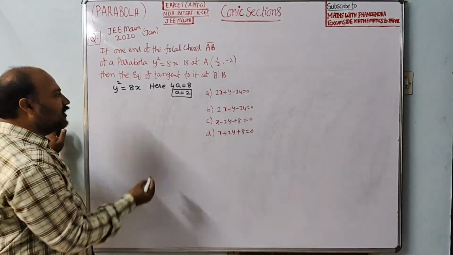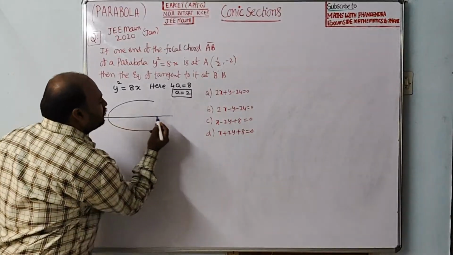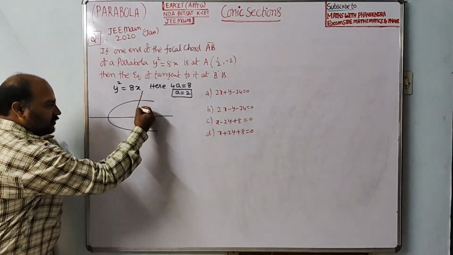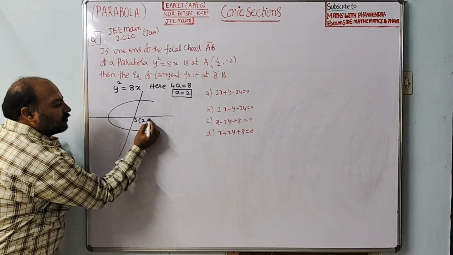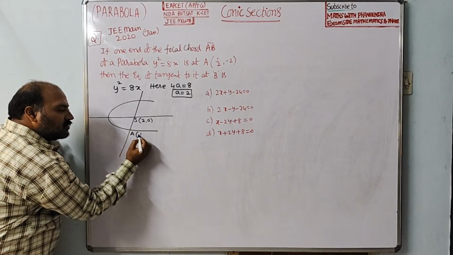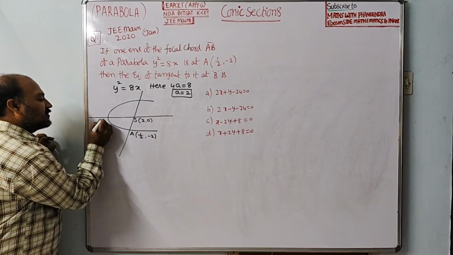This is the parabola y square is equal to 8x, this is the focal chord, this is A, because 1 by 2 comma minus 2 is in this quadrant, this is the vertex.